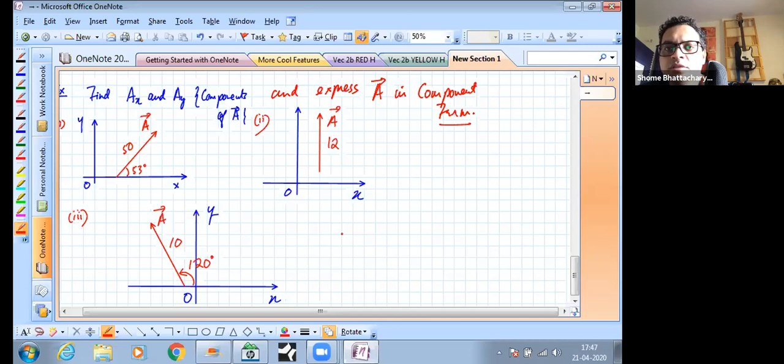Yes, very good, Kevin. Aditya, in the third case, you'll notice that Ax should be negative because it's making an obtuse angle. So its x component will become negative because cos theta is negative when the angle is obtuse.